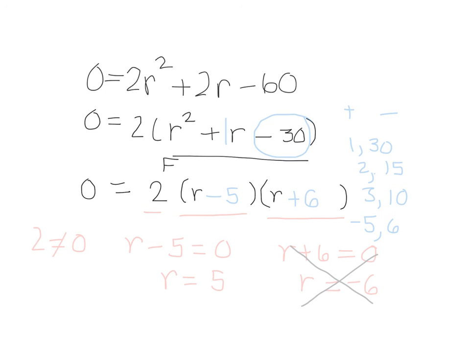And if r is 5, then the number of columns would have to be 2r plus 2, we remember, which would be 2 times 5 plus 2. 2 times 5 is 10, and 10 plus 2 is 12. And therefore, we find that the number of rows in this rectangular array is 5.